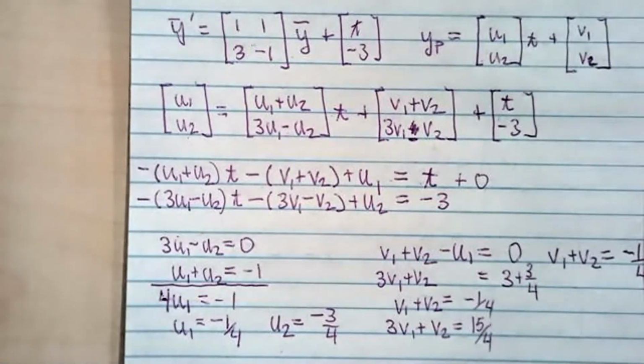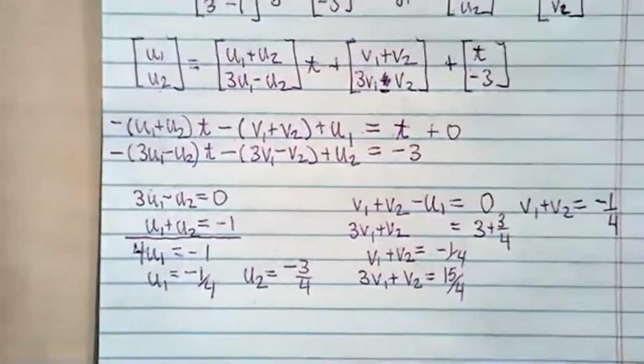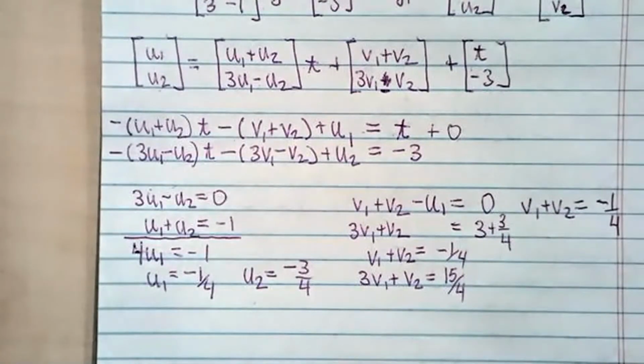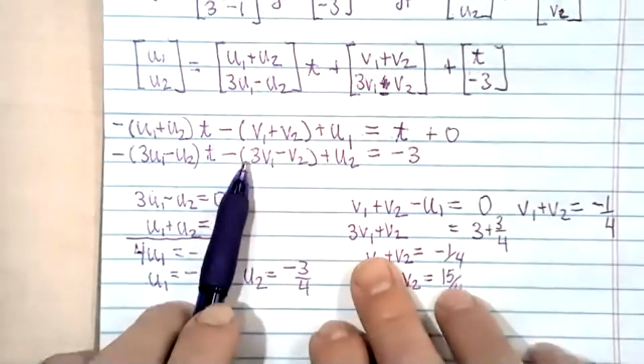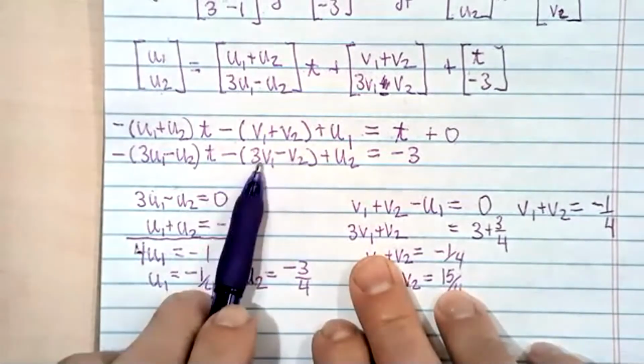And we can hope that there are no arithmetic errors so far. There's a lot going on. Is there an issue? Is it supposed to be 3v1 minus v2? These have opposite signs.